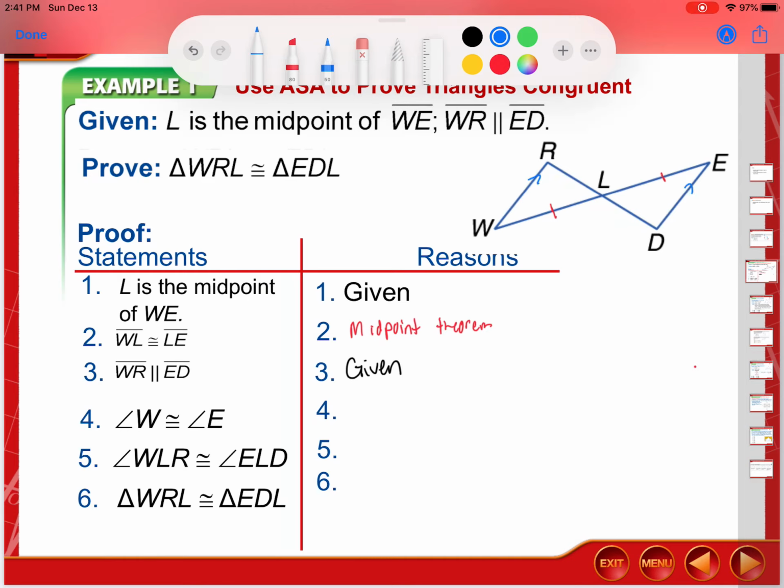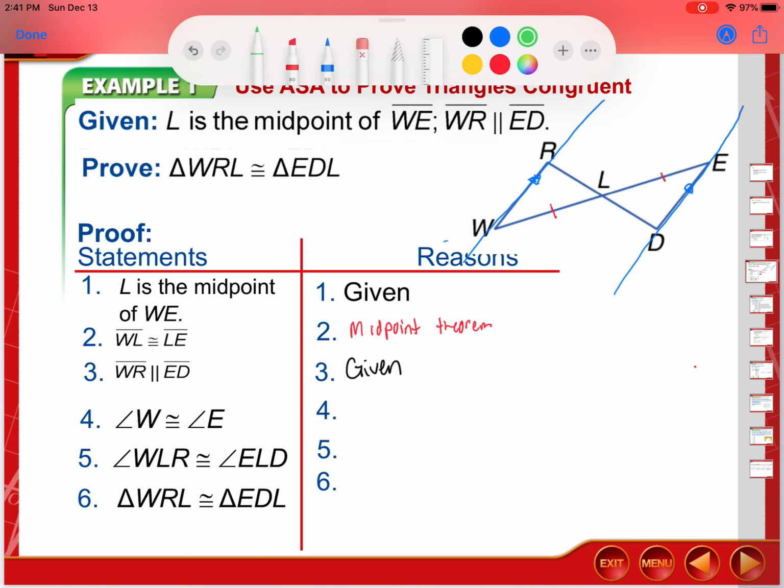So then they tell us WR and ED are parallel, which is lovely. That's good information for us to have and label in our drawing up here. So let me get my little arrows drawn in there so I have a happy little picture. Now, next thing they say is angle W is congruent to angle E, which in my head makes sense.